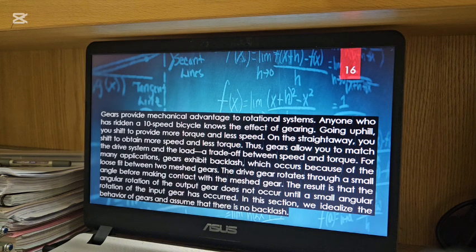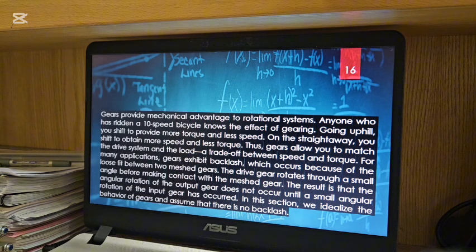Going uphill, you shift to provide more torque and less speed. On the straightaway, you shift to obtain more speed and less torque. Those gears allow you to match many applications. The gears allow you to match the drive system and the load to trade off between speed and torque.